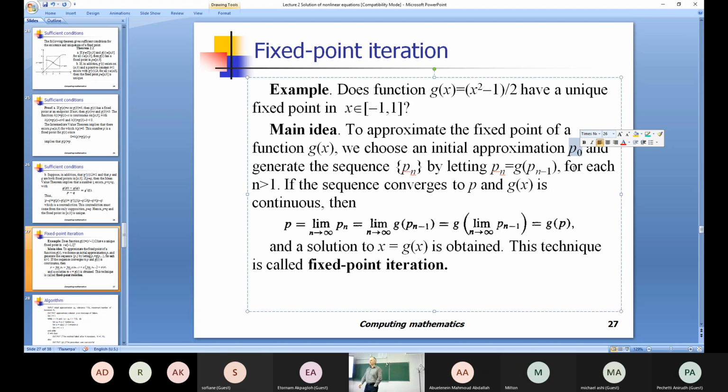Select the initial point, so we should guess, like in my previous example, when we find the root of, for example, 17. What is the root of 17? We can guess that the root of 17 must be a little bit greater than 4.